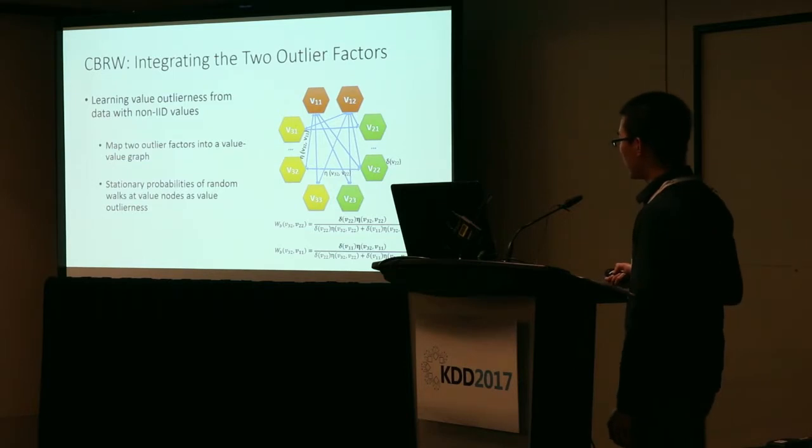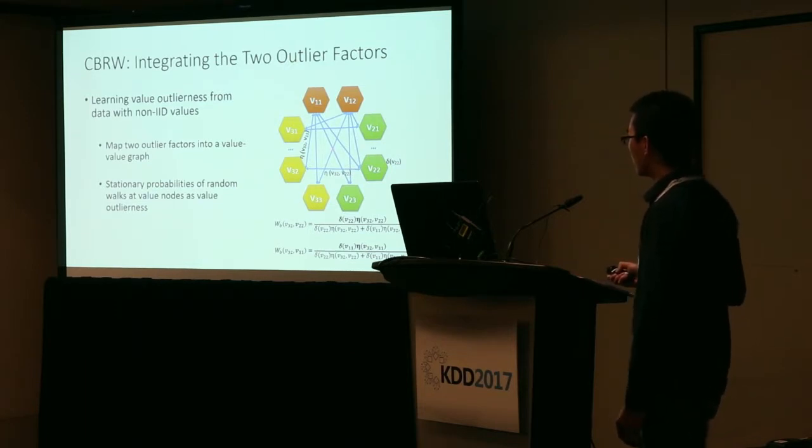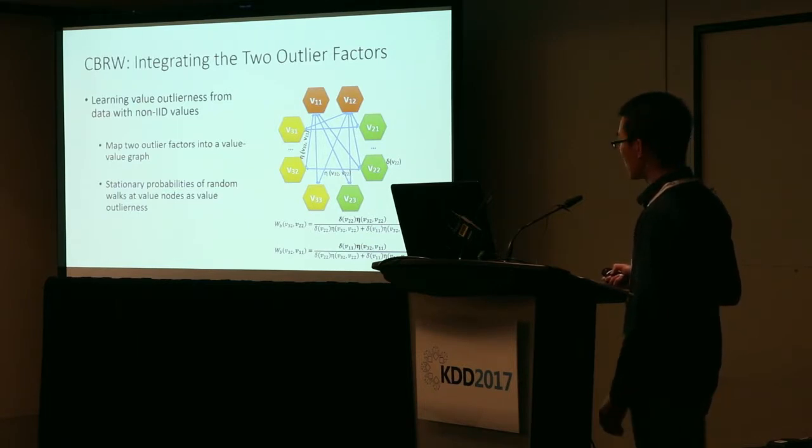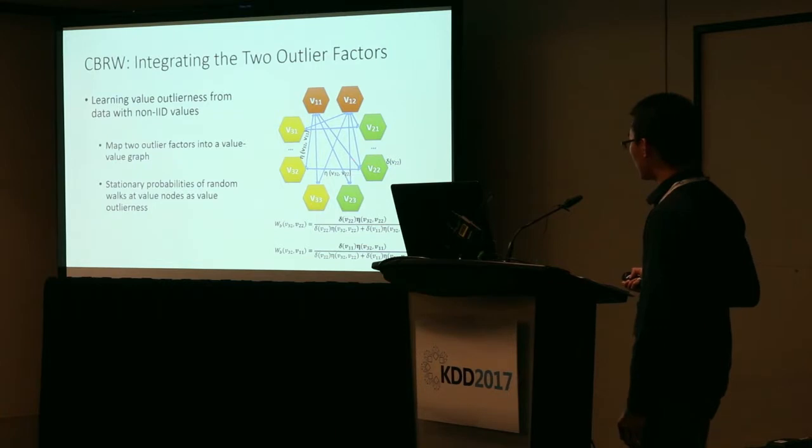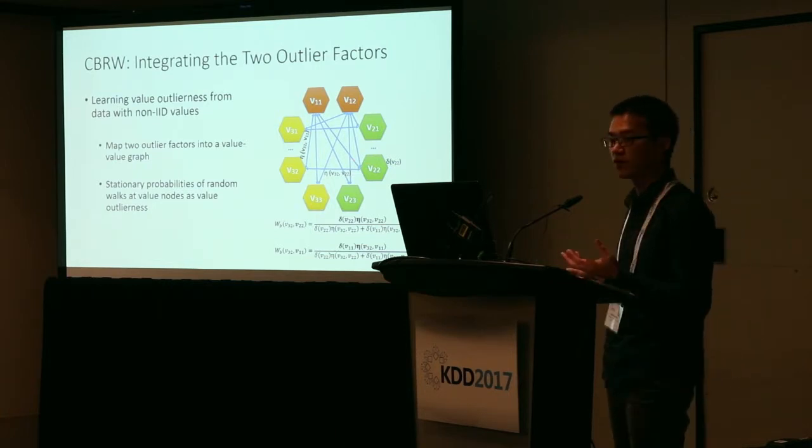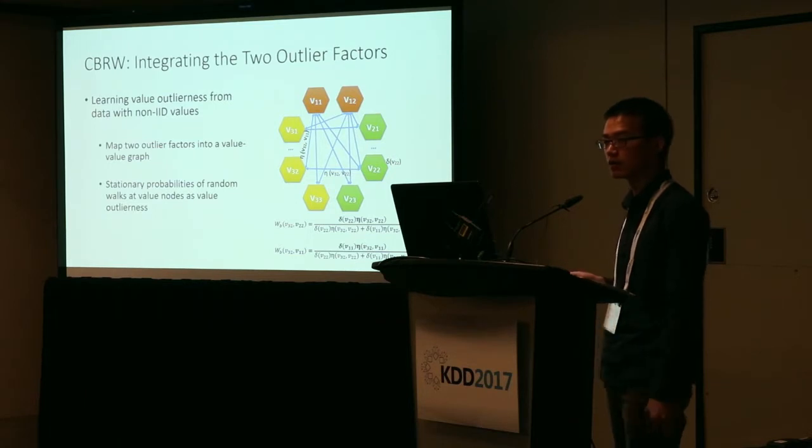We then conduct a random walk on this value graph, and the visiting probability of a specific node is equivalent to its value outlierness, because the edges and the node properties have already conveyed the information of outlierness.